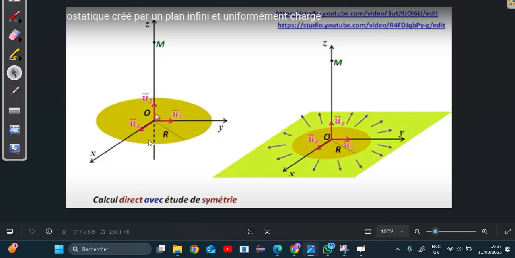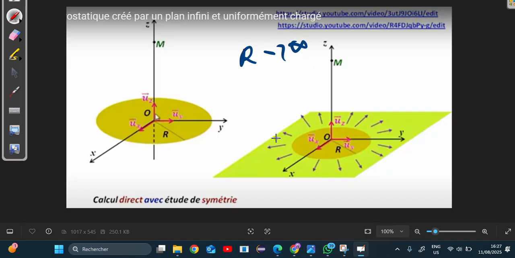We're going to study the electrostatic field created by this disk. Then, for now, we're studying the electrostatic field created by the plan infini. Now by definition, the plan infini is just considered to be a disk. A disk will have a radius of r. So the plan infini is considered to be a disk where the radius approaches infinity.